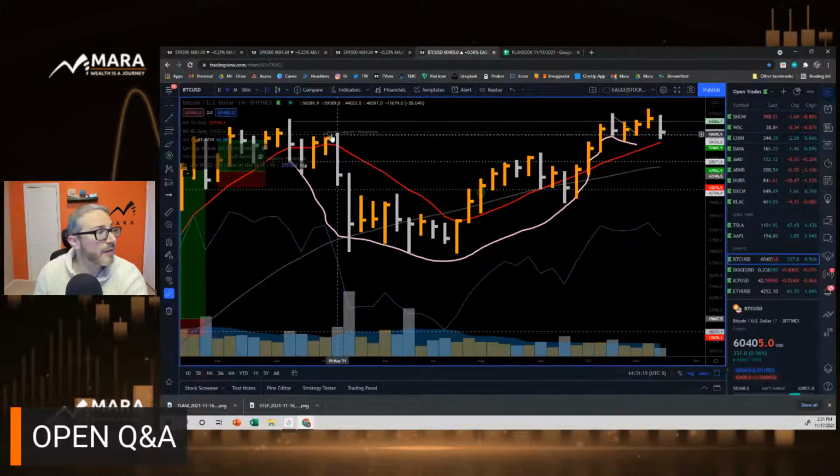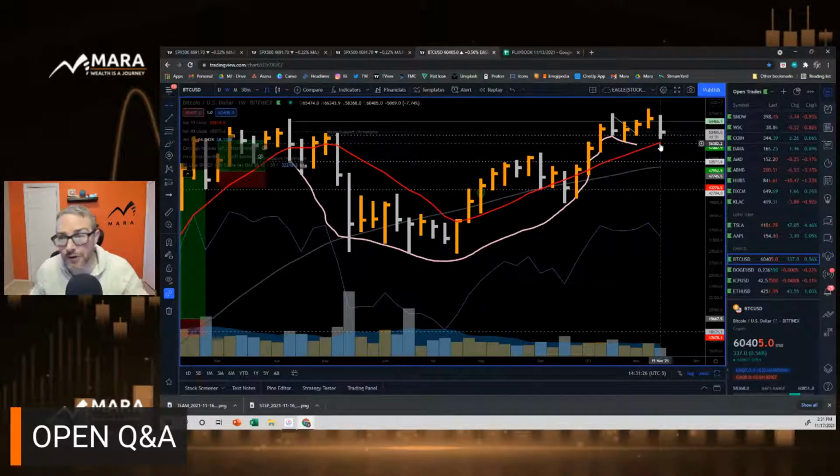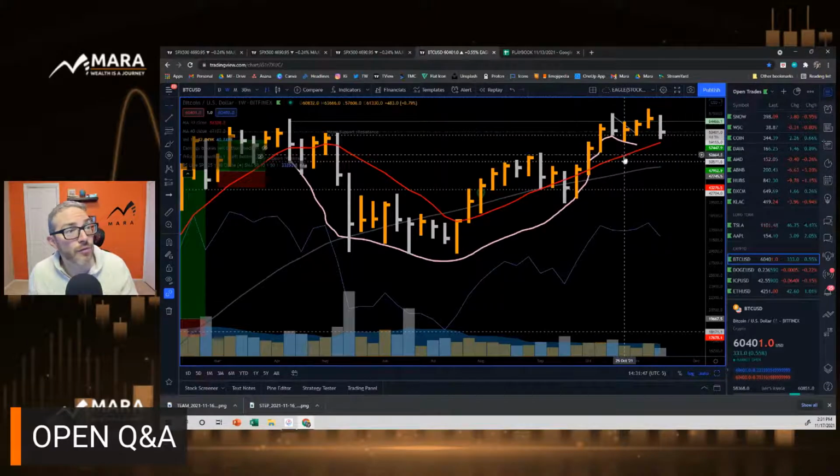You also have the low of the handle in that same vicinity. So you have a bunch of reasons for will it bounce? I don't know if it'll bounce, but you have eyeballs over there, and you have to think from both sides: maybe it gets support, maybe it doesn't. But it's certainly an area of interest given those three major things.